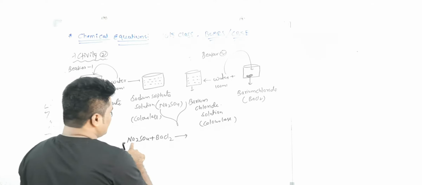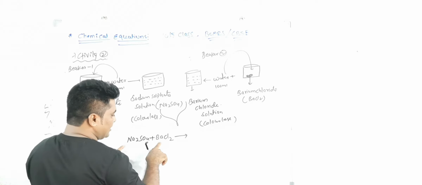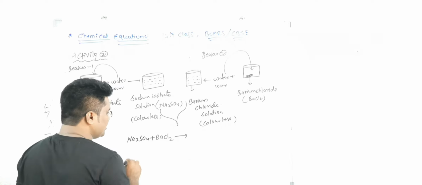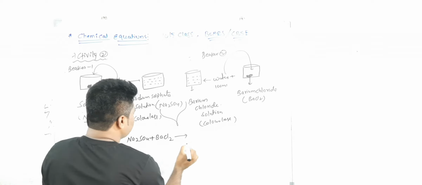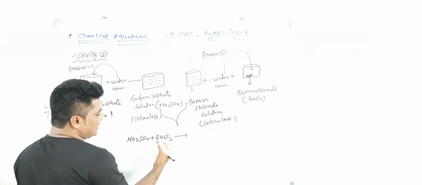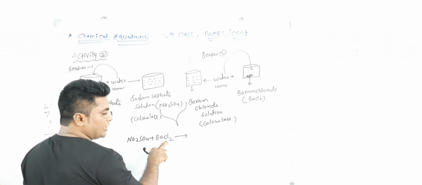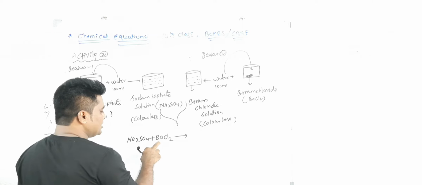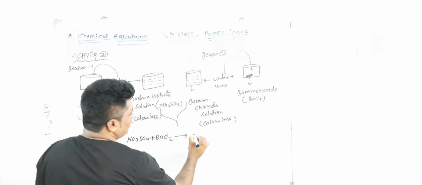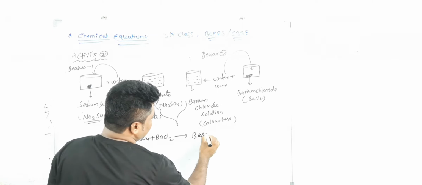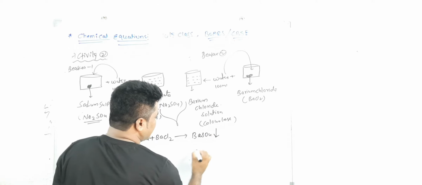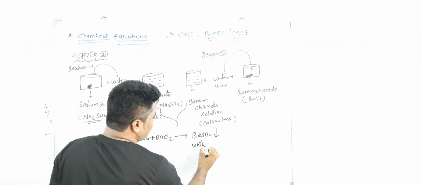When sodium sulfate solution is mixed with barium chloride solution, due to the chemical reaction the sodium combines with chloride and you get sodium chloride, and the barium combines with sulfate. A new product is formed, barium sulfate. This is a white precipitate.